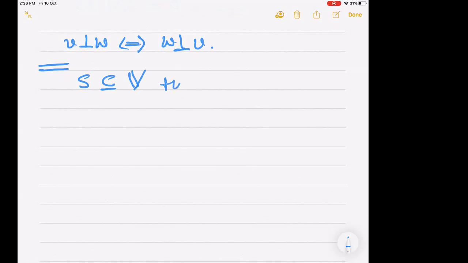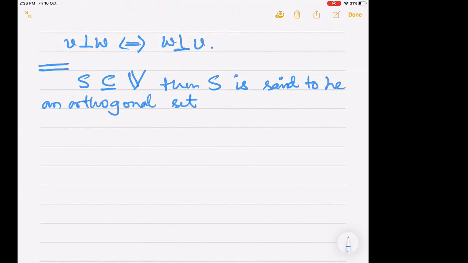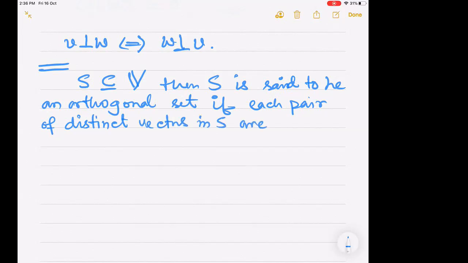Then S is said to be an orthogonal set if each pair of distinct vectors in S are orthogonal.